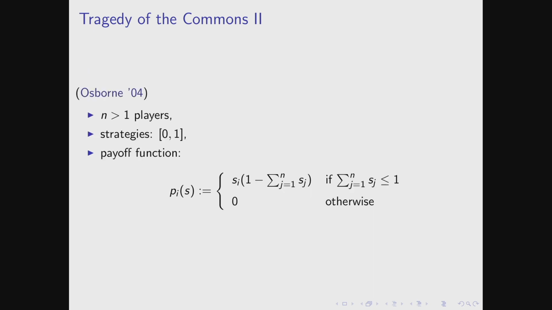Another example is the Tragedy of the Commons, but in a continuous setup. So think of a building with, I don't know, 20 tenants, a student dormitory, and there is an internet connection.